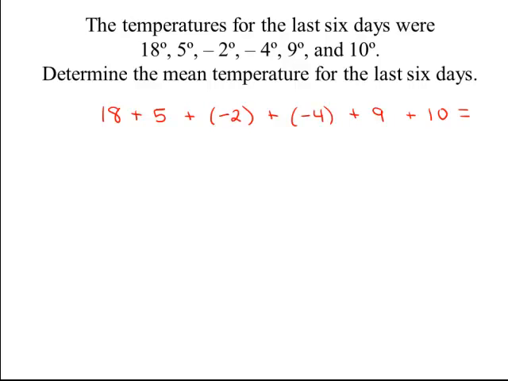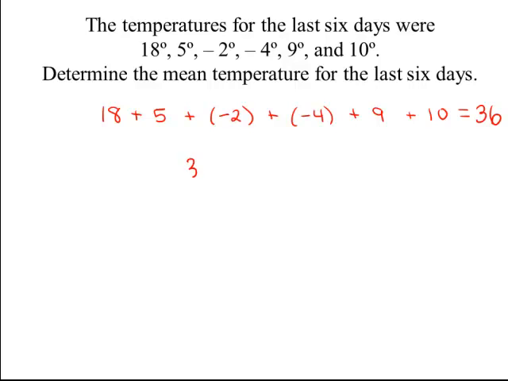18 plus 5 is 23, plus -2 is 21, plus -4 is 17, plus 9 is 26, plus 10 is 36. The sum of these 6 numbers is 36.